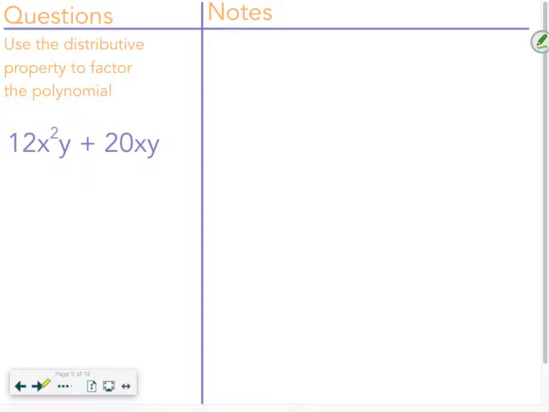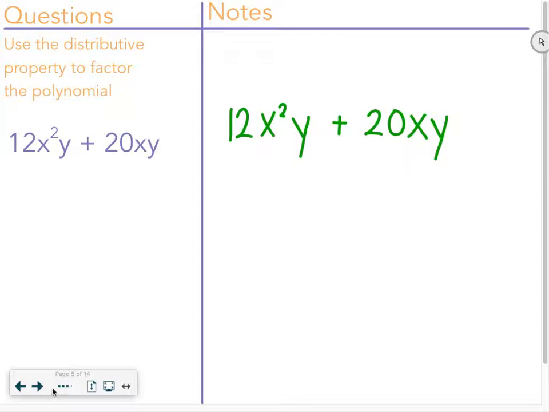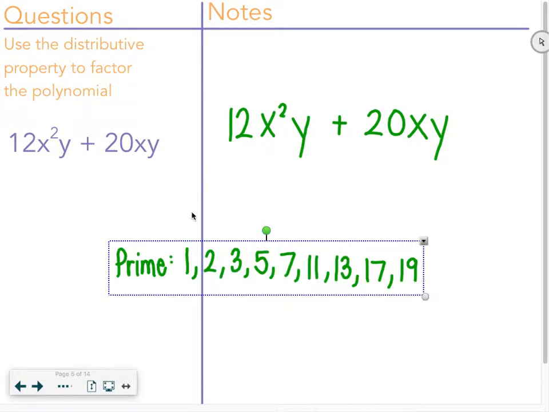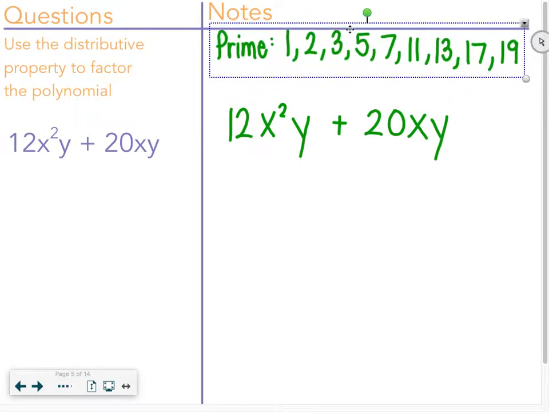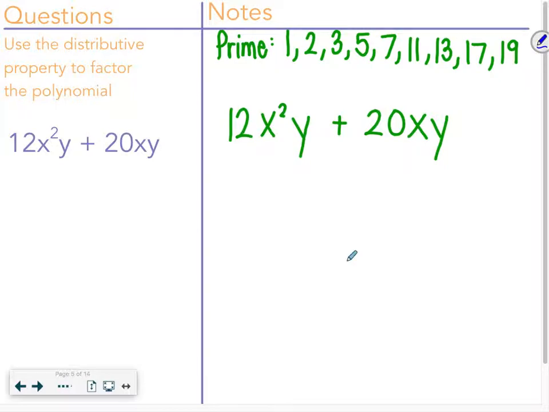All right, this time we have two variables. So 12x squared y plus 20xy. Bring up that list of primes again. All right, so 12, a couple options for 12. You can do 3 and 4 or 6 and 2, whichever one you want.